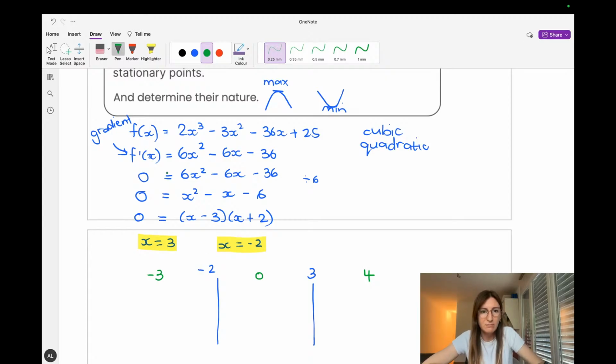So I need to take minus 3 and put it into this equation. So let's see what we get there. F dash of minus 3 is, I'm going to take my easier function. I can do that because it's the same, but it's easier than doing 6 multiplied by everything. Okay, so we have minus 3 squared. Let me just draw a line there so everyone knows where I'm taking it from.